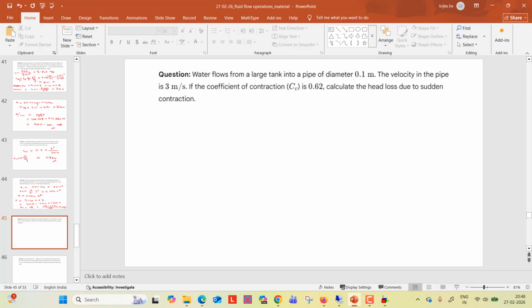Water flows from a large tank into a pipe of diameter 0.1 meter. The velocity in the pipe is 3. If the coefficient of contraction is 0.62, calculate the head loss due to sudden contraction.